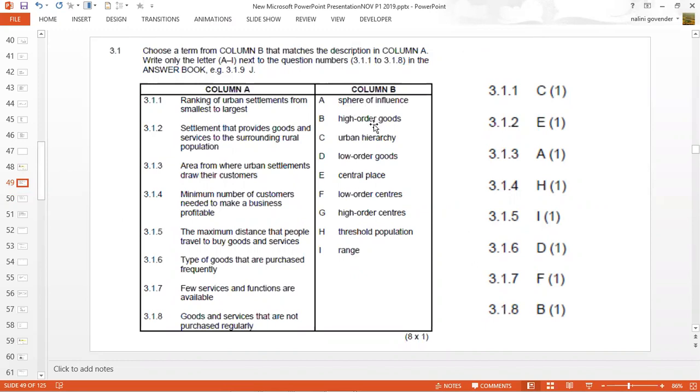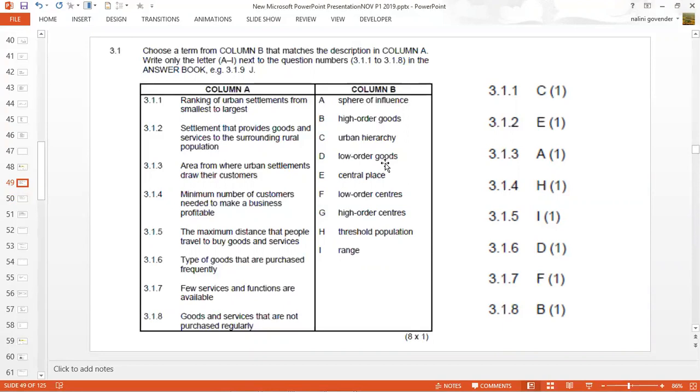Higher order goods are goods that are bought infrequently, for which you will not travel on a daily basis. These goods will have a higher threshold population. Urban hierarchy is a grading, the classification of settlements from smallest to largest.